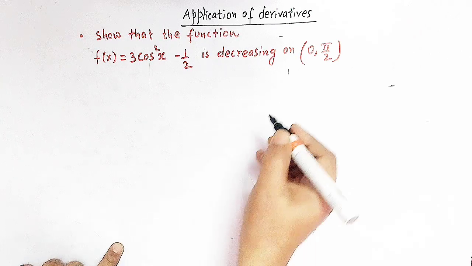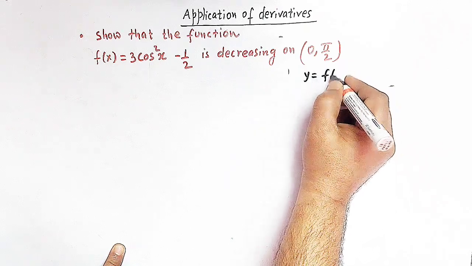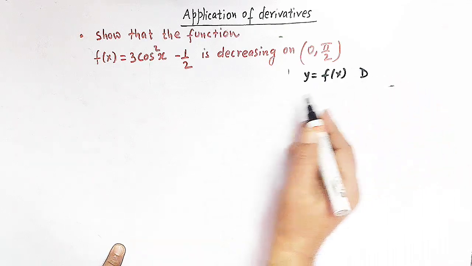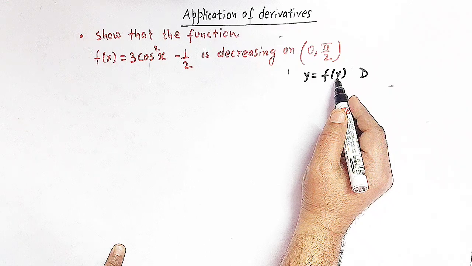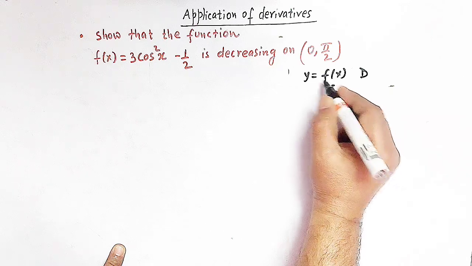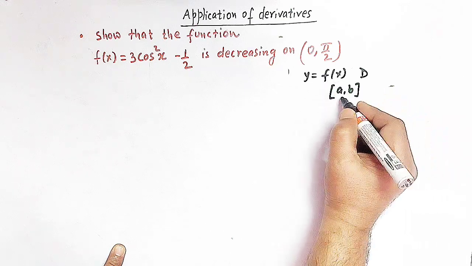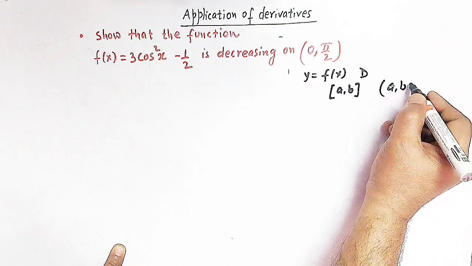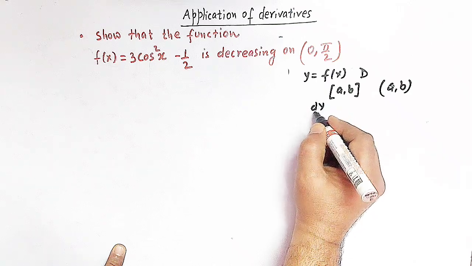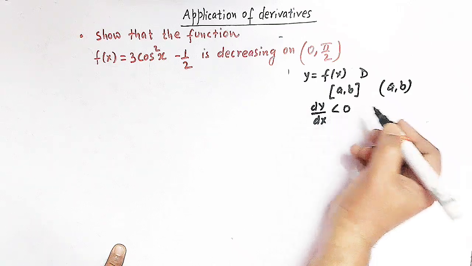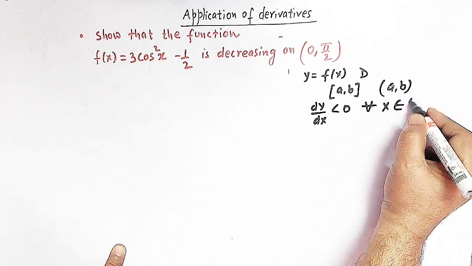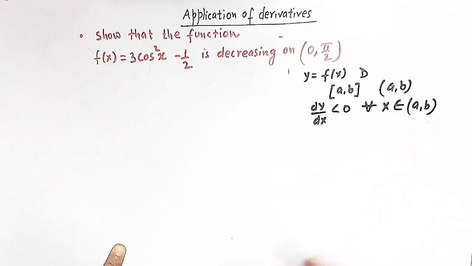We know that a function y equal to f of x, defined in some domain D, if continuous in some interval a comma b and differentiable in the open interval a comma b, is said to be a decreasing function if dy over dx is less than 0 for all x belonging to the interval a comma b.